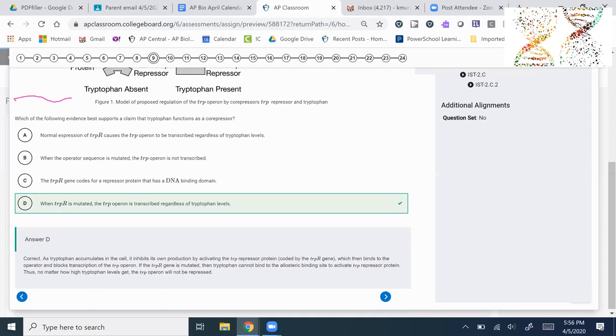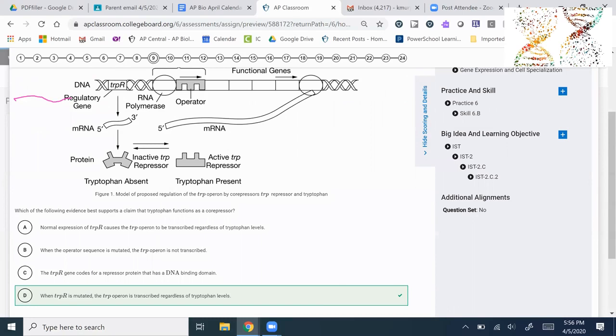All right, so when the TRPR is mutated, so again, the TRPR is right here. The TRP operon is transcribed regardless of tryptophan levels.